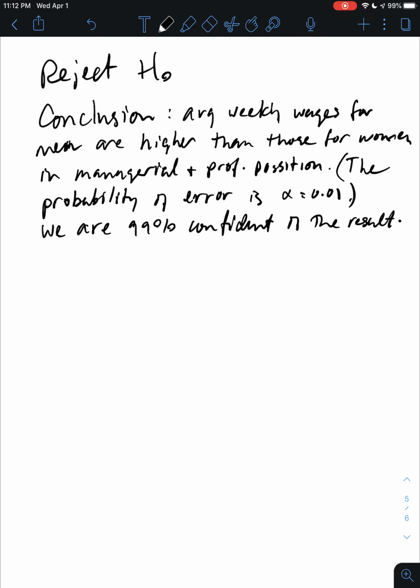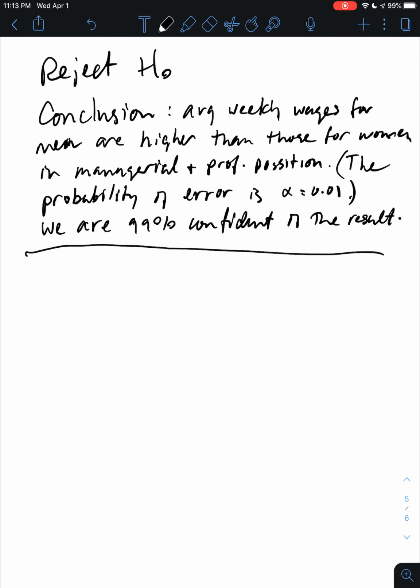So we have walked through it now, and we're going to look at a two-tailed example, which is actually a little bit harder to understand.